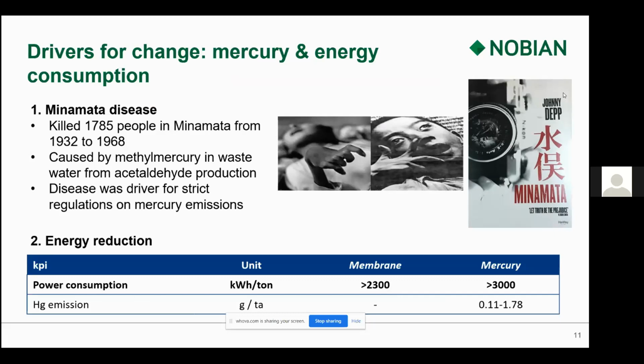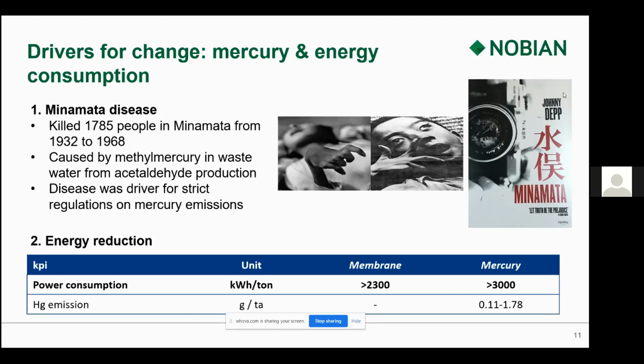And there's nothing as strong as a regulatory driver. And often a regulatory driver has sad reasons behind it. And in this case, it was a very sad reason. It was the Minamata disease in Japan, which killed almost 2,000 people over the course of 36 years, which was due to methyl mercury in a waste production from acetaldehyde.